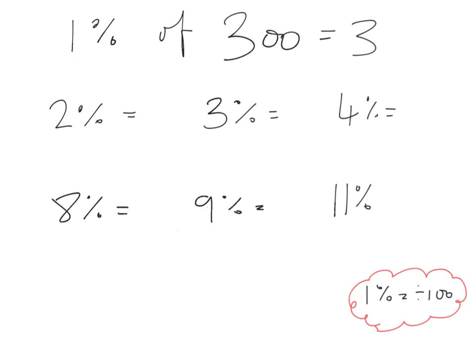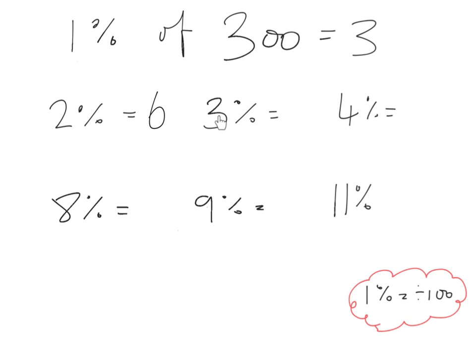So to find 2%, I would take my 1%, for instance in this case 3 being 1% of 300, and I'd multiply it by 2, and that would get me 2%. So 2% of 300 would be 6.